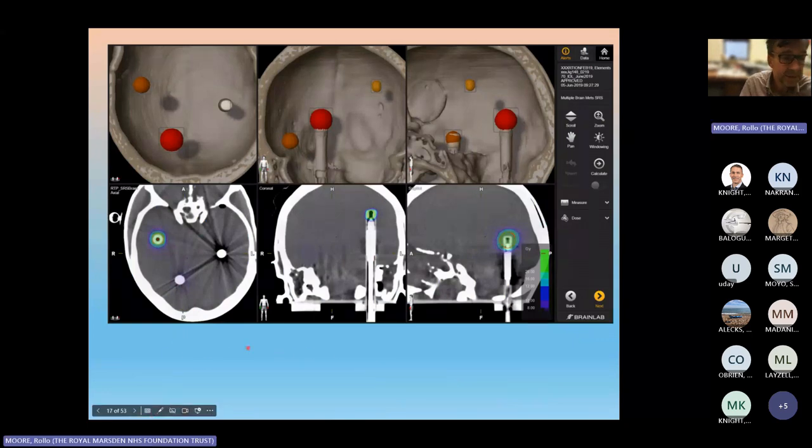And this is a slice through the CT scan of our phantom, and I chose it to represent what I'm going to show you in due course, the dosimetric results.